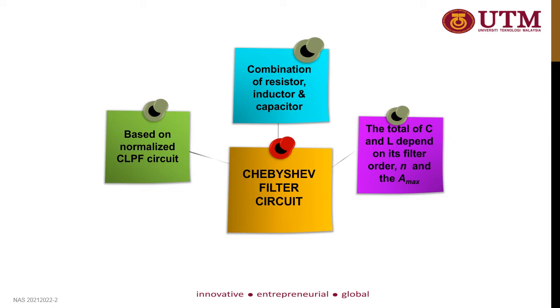If the question didn't ask for a filter circuit, you can just stop at the actual transfer function. In filter circuit realization, you'll be seeing combinations of passive components: resistor, inductor, and capacitor. And as mentioned earlier, the total of C and L combination depends on the filter order number and also the ripple magnitude.